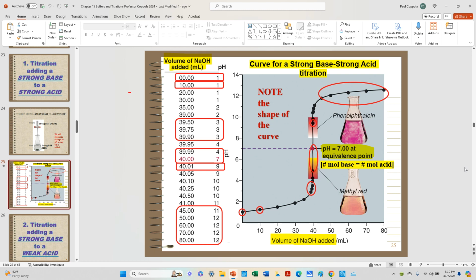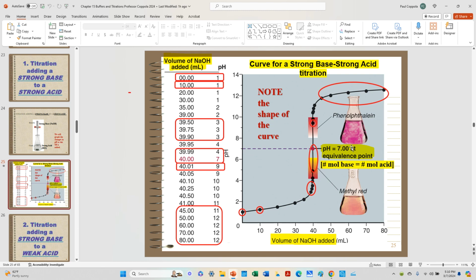So this is the graph, slide 25, the graph of a strong acid with a strong base. Now, if you're given a graph like this and asked to identify it, well, first of all, before you add any base, what's the pH? It's about 1. So you know it's a strong acid. All right? The other thing you notice is that the pH is 7.